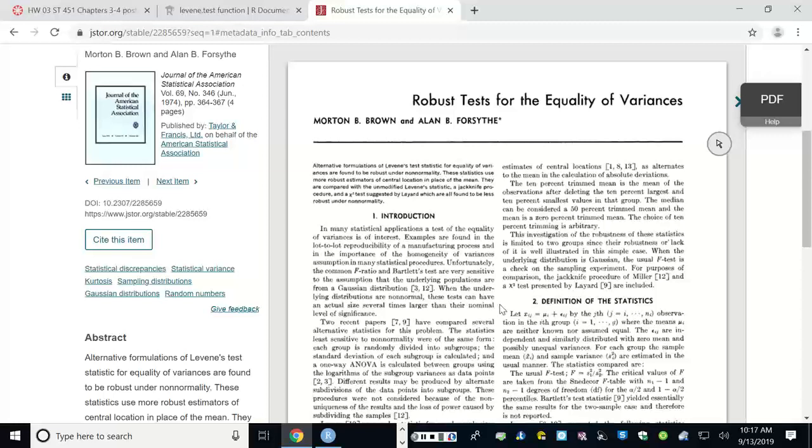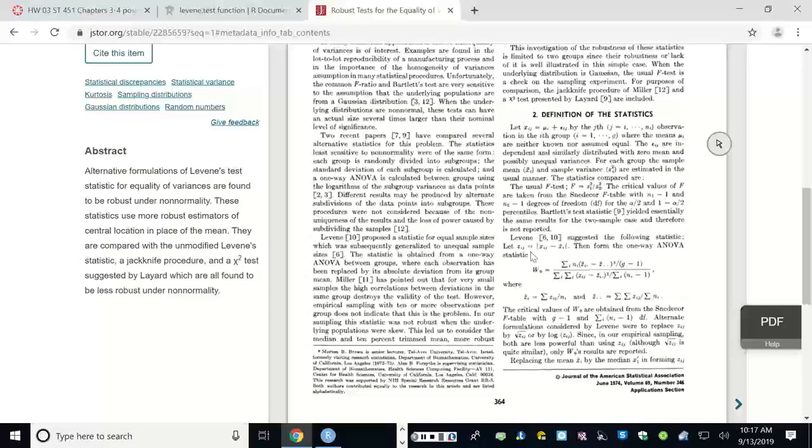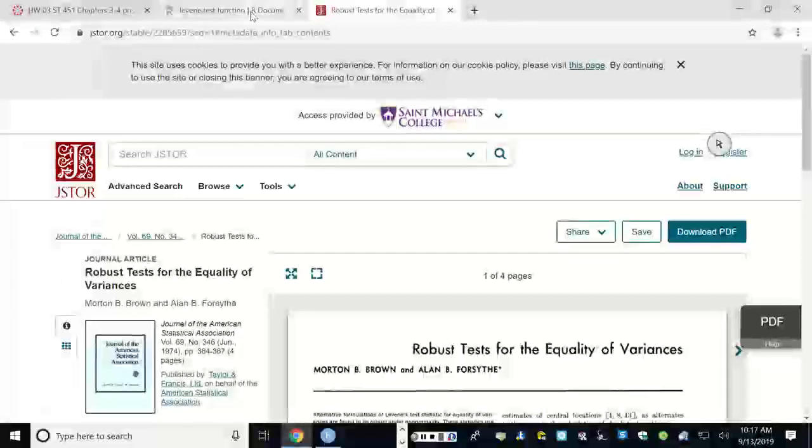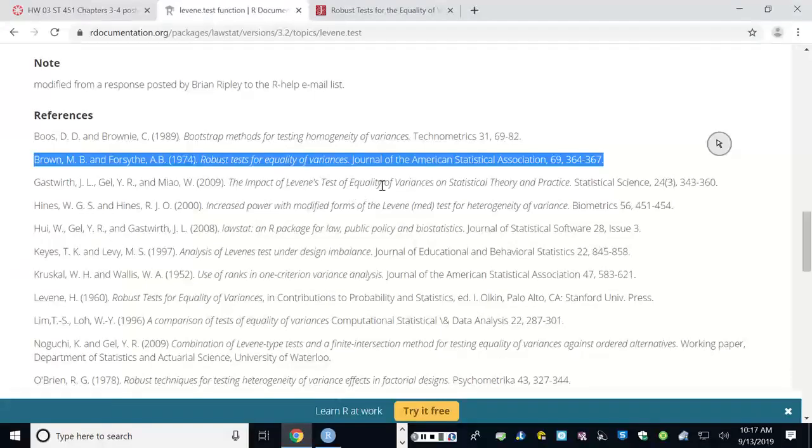There's a current window where you still have to pay for them, but then it's a repository. So this is the article where they described it and tested it. If you go on through that, it would describe how they came up with this and some of their rationale and maybe some of their simulations to see how it works. It's kind of amazingly quick how you can get some of these articles, particularly if it's a little bit from the past.